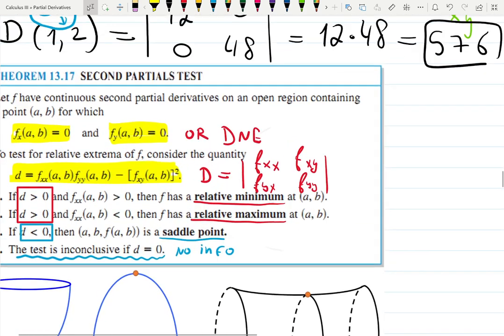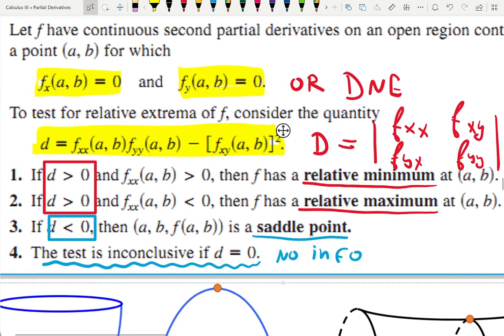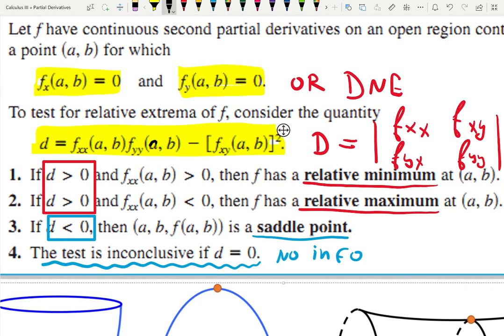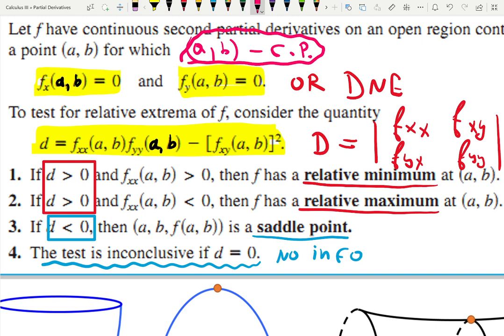The second derivative test tells you to build this determinant and plug in this a comma b, where a comma b are critical points. So let me write down a comma b are called critical points, which means partial derivatives at a and b are 0 or DNE.